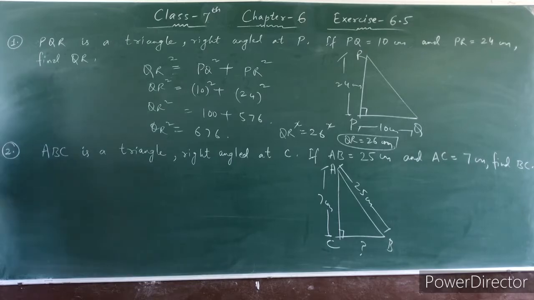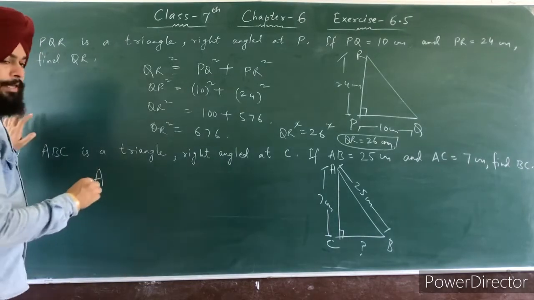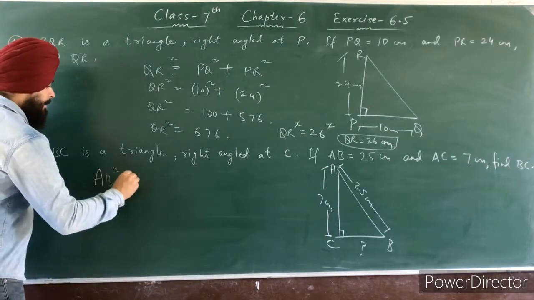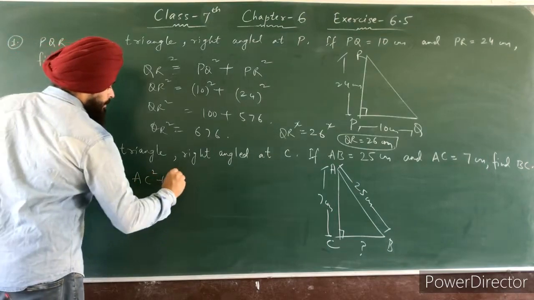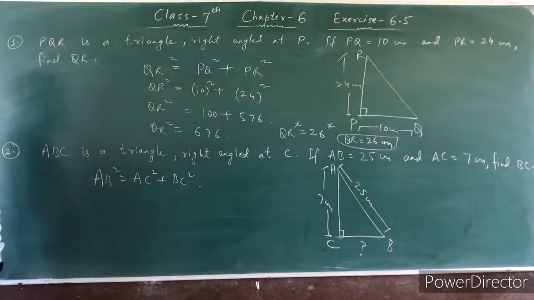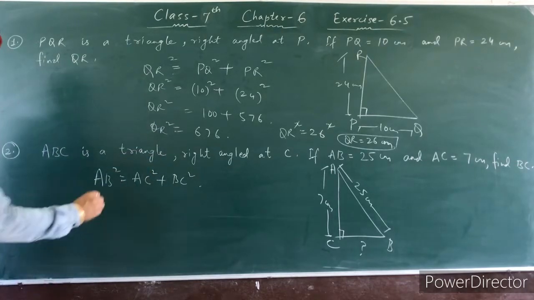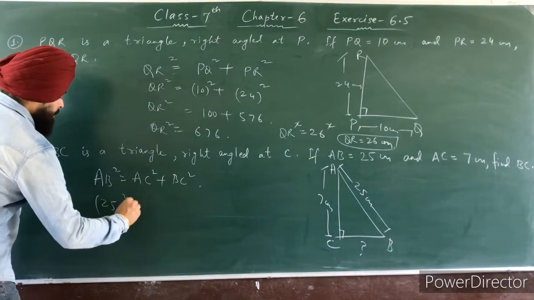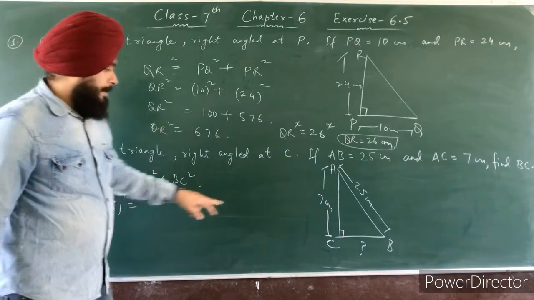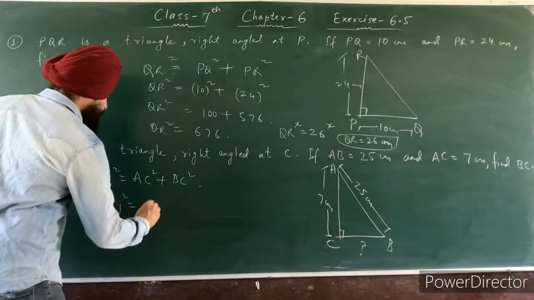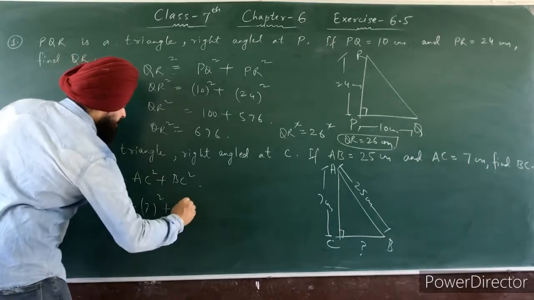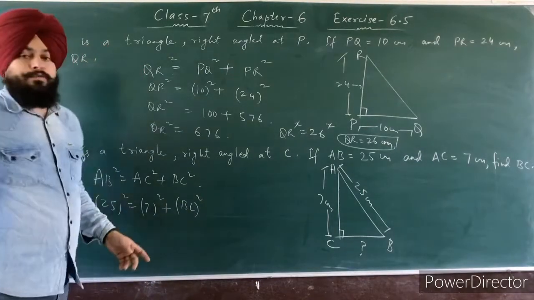Clear, students? So here the hypotenuse is AB. So AB square is equal to AC square plus BC square. The length of AB is 25, so put here 25 square, and the length of AC is 7, equal to 7 square plus, and we have to find the value of BC.